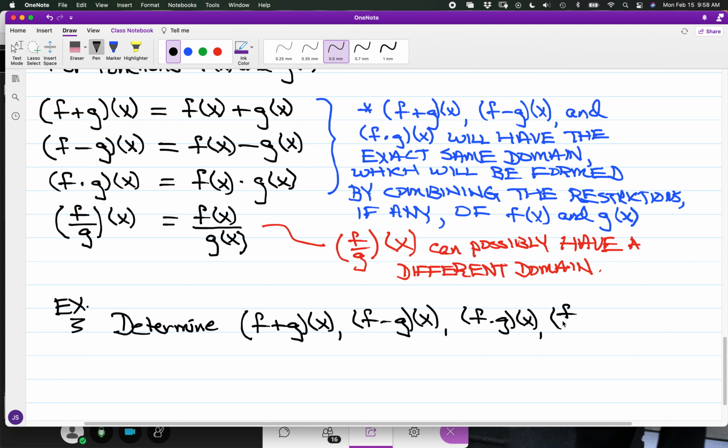So you're looking at determining those and their domain.